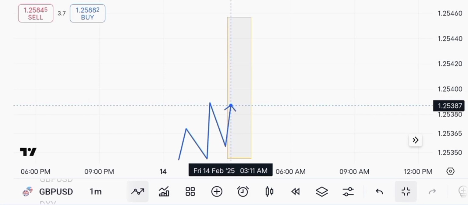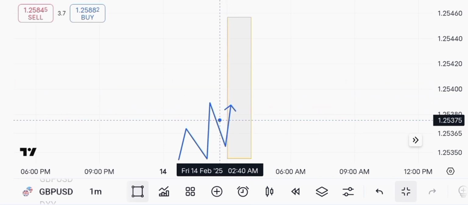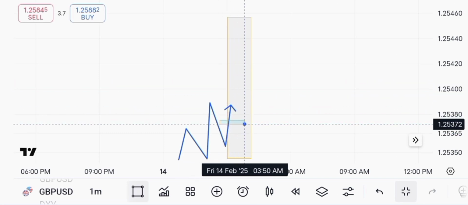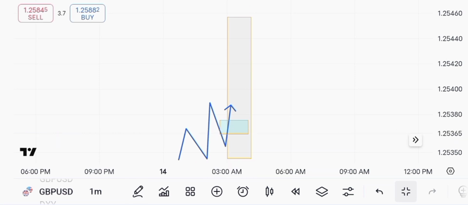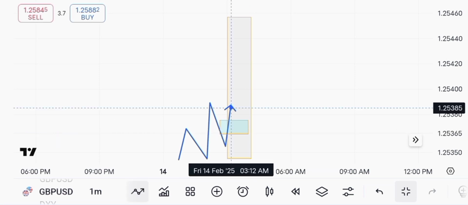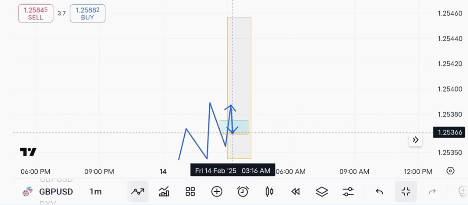It doesn't really need to take out liquidity. It may, and if it does, that could be a plus. But if it doesn't, it's not a problem. So when that displacement occurs, then the next thing we want to see is a fair value gap left behind by the displacement. And then next we want to see price go back to fill that fair value gap.